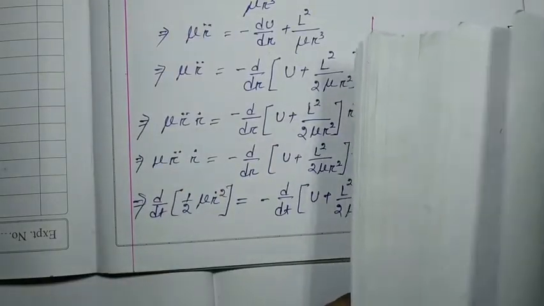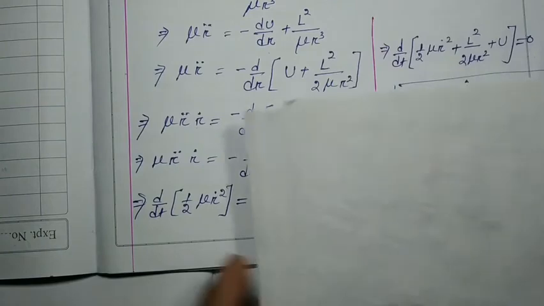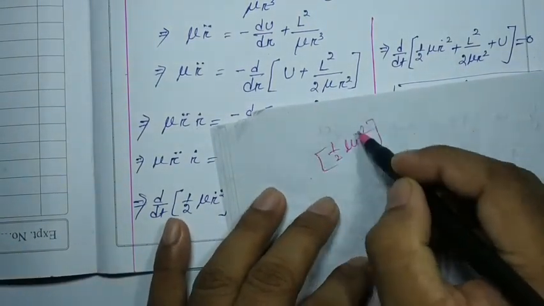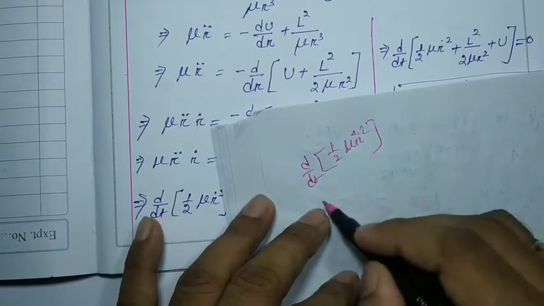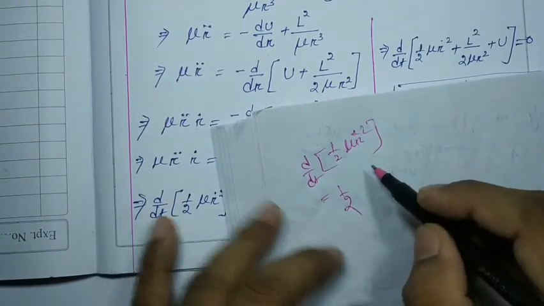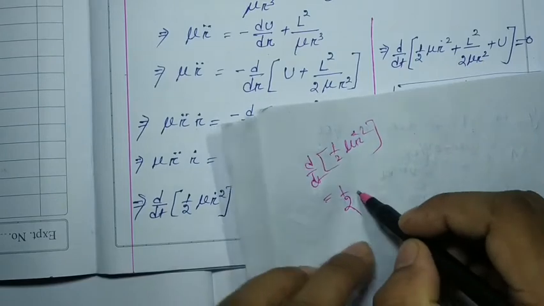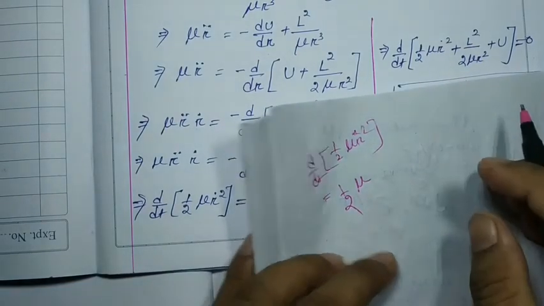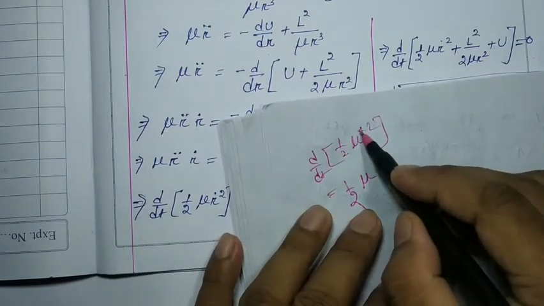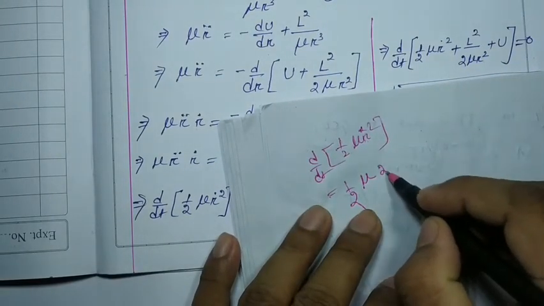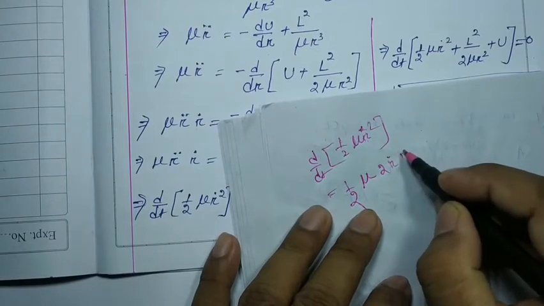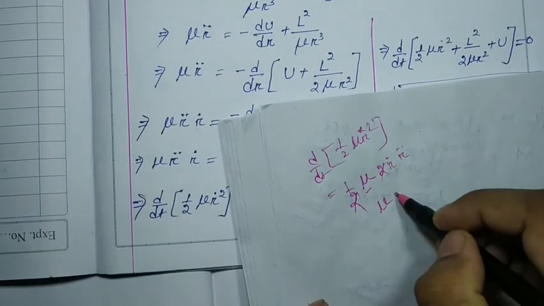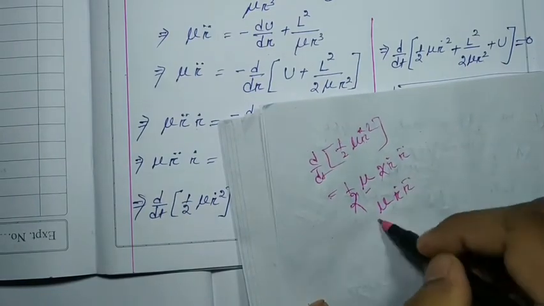The 1/2 is constant, μ is also constant, so the derivative of ṙ² is 2ṙr̈, the 2 gets cancelled, and we find μṙr̈.